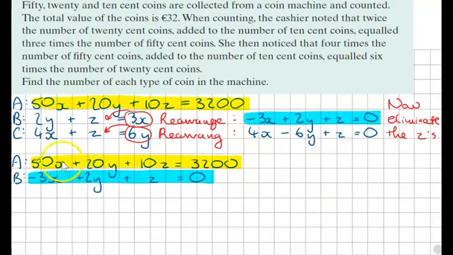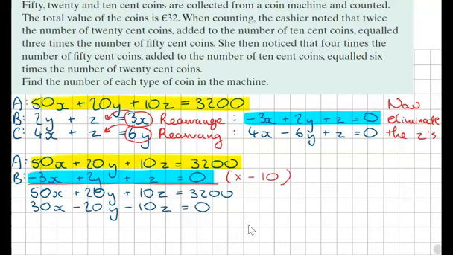Now I'm going to take equation A and equation B. Equation A I have highlighted in yellow, equation B I've highlighted in blue. I'm going to multiply the blue line by minus 10 so that I can get my y's to cancel. The yellow line stays the same, 50x plus 20y plus 10z is equal to 3,200.